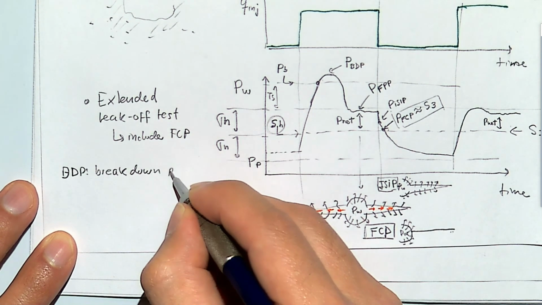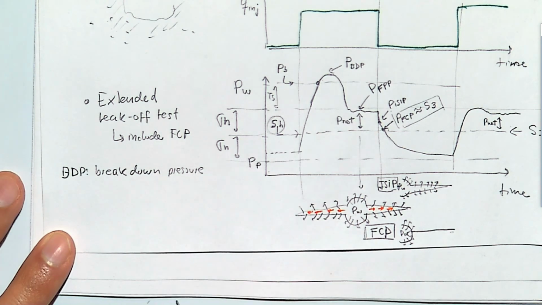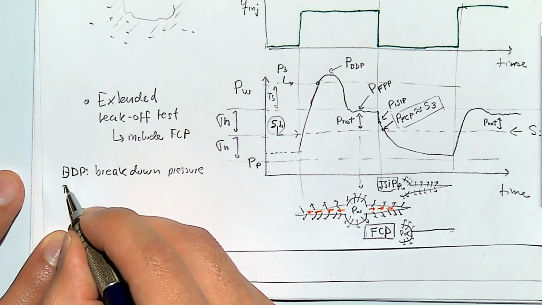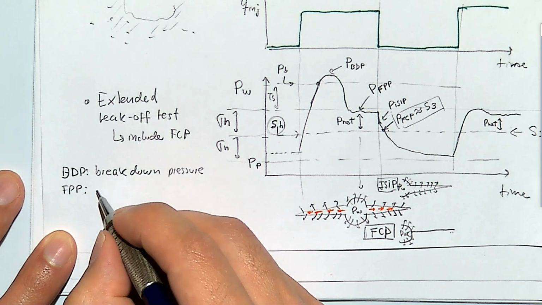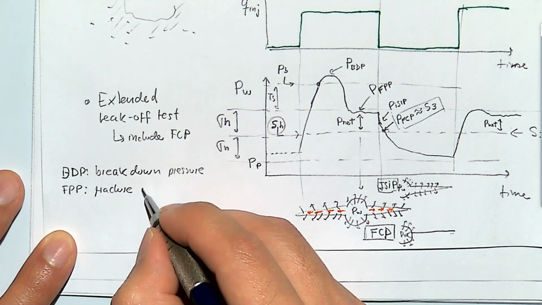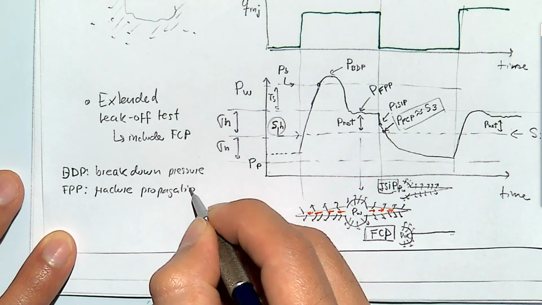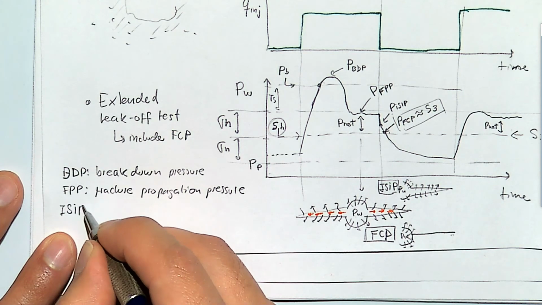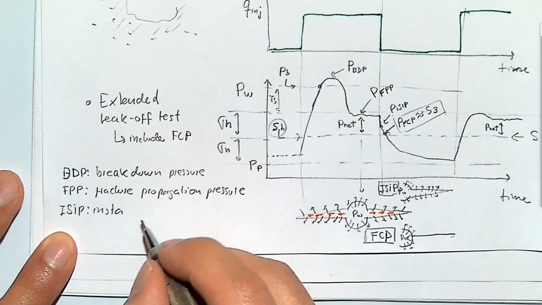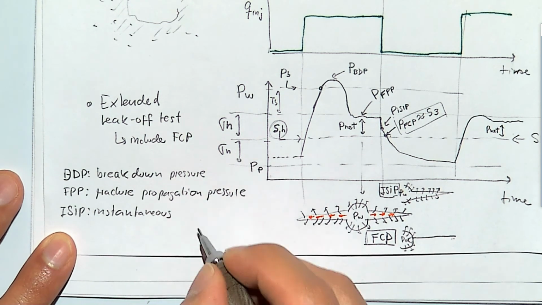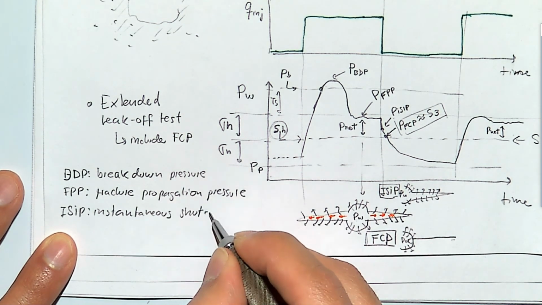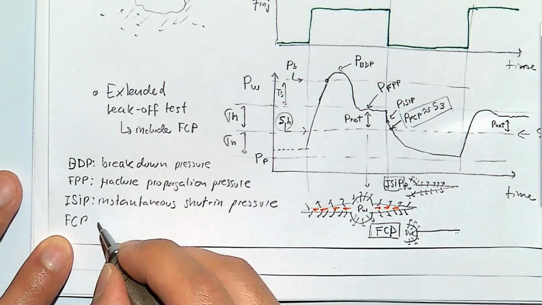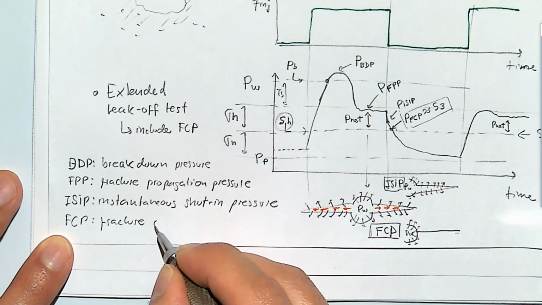So we have breakdown pressure, and here we have fracture propagation pressure. This is the instantaneous shut-in pressure, and last we have fracture closure pressure.